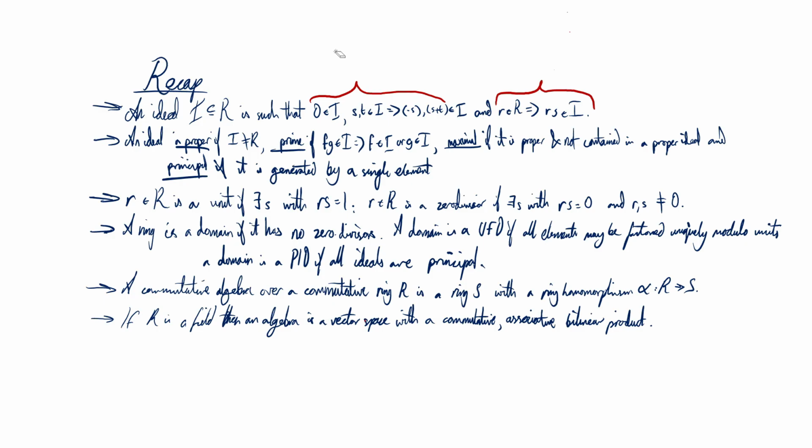An ideal is principal if it... Oh, goodness. A ring is a principal ideal domain if all of its ideals are generated by one element. So the integers are a principal ideal domain because you can say, oh look, here's an ideal generated by some set.